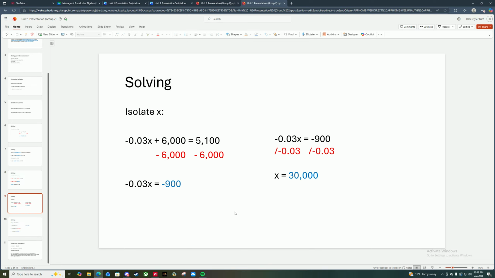Next, we're going to take out that 6,000 because we're trying to isolate x. So we subtract 6,000 from both sides, leaving us with negative 900. So negative 0.03x is equal to negative 900. Solve it out by dividing by negative 3%, and that's going to leave us with x equaling 30,000.